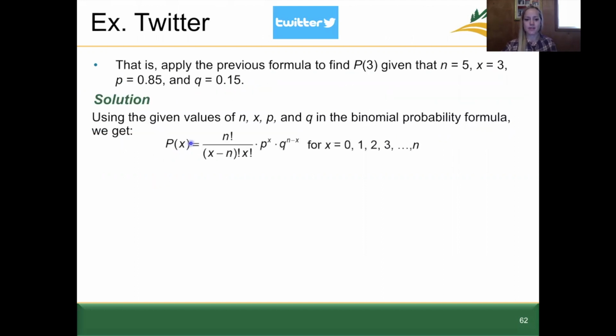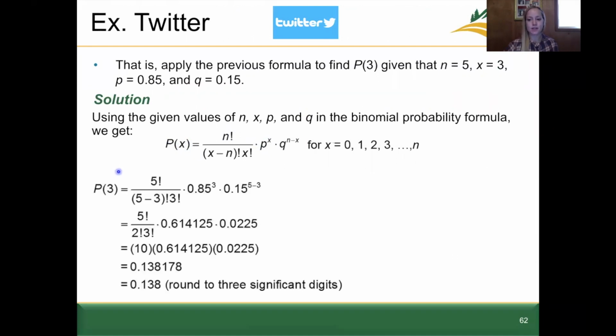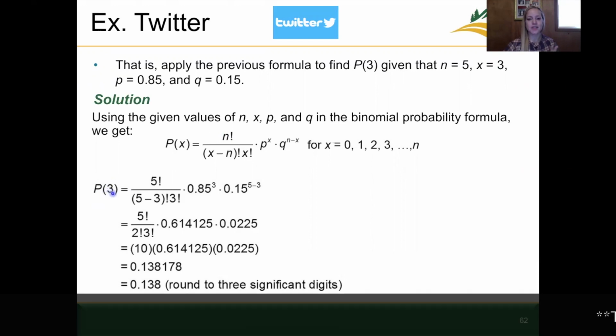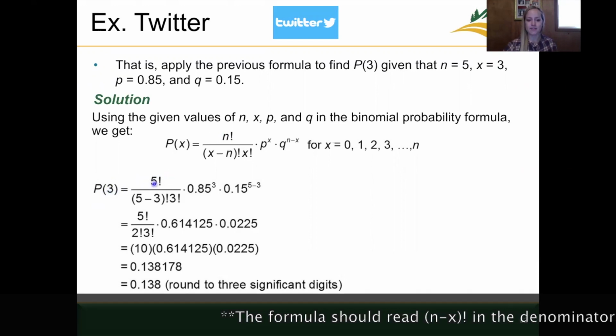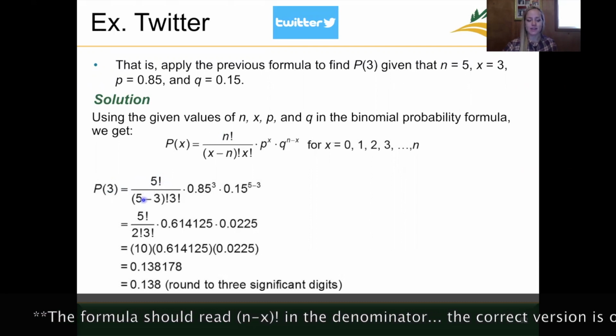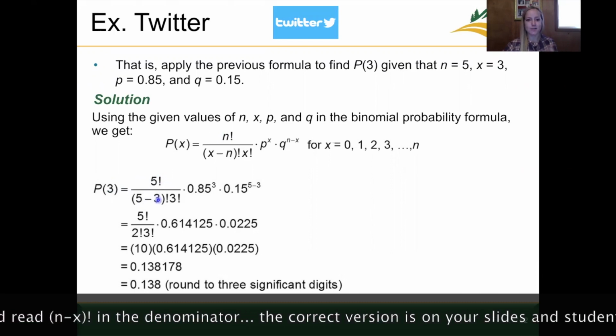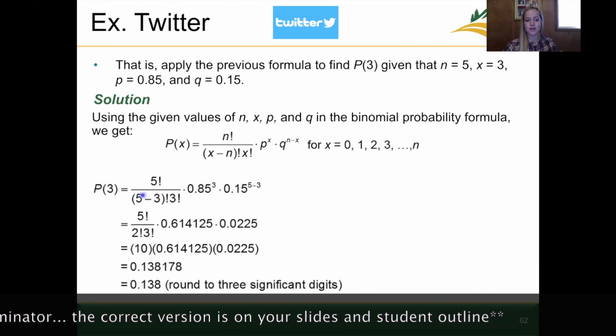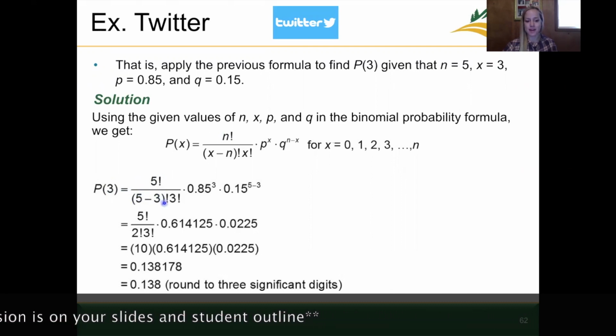Okay, so now here's our formula that we were given. So P of x is equal to this. Let's start plugging in for n, x, p, and q. So here in this first part of our solution, the probability of 3 successes is equal to n factorial, or 5 factorial, divided by n minus x, or 5 minus 3, in parentheses, and then factorial, multiplied by x factorial, or 3 factorial.